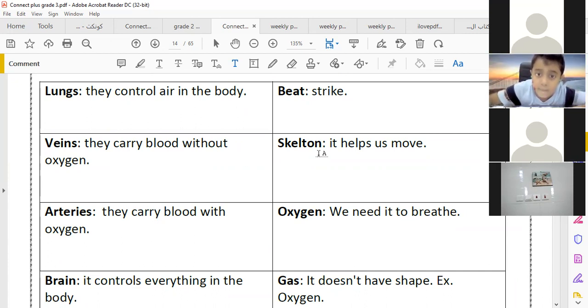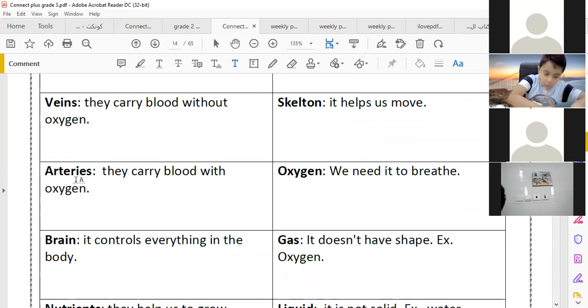Repeat after me. Skeleton. It helps us move. Arteries. They carry blood with oxygen.